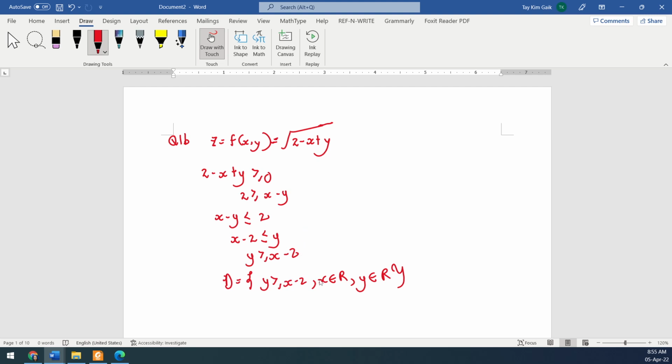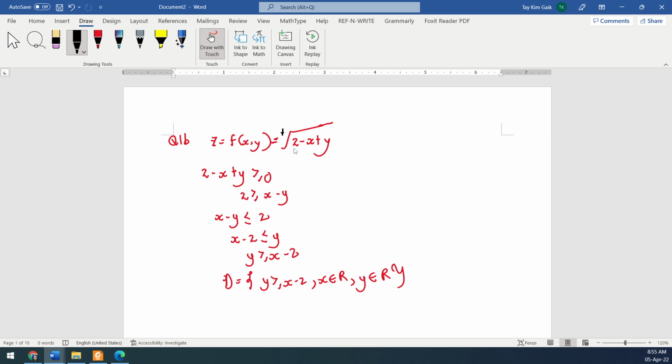How about the range? For the square root here, actually we have positive or negative square root. If we didn't see a negative sign, this will be the positive square root. And 2 minus x plus y, the minimum is 0, right?